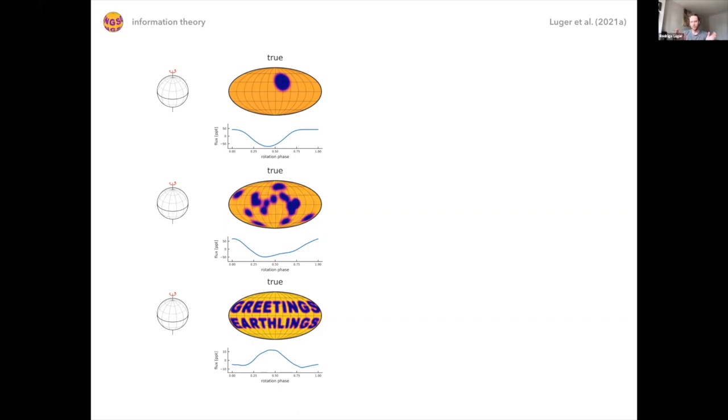So here there are 3 stellar maps: the 1 spot, several spots, and then a really absurd message written by aliens on the surface of a star. And below each one is the light curve we'd observe at a fixed inclination. I think this is like 60 degrees.